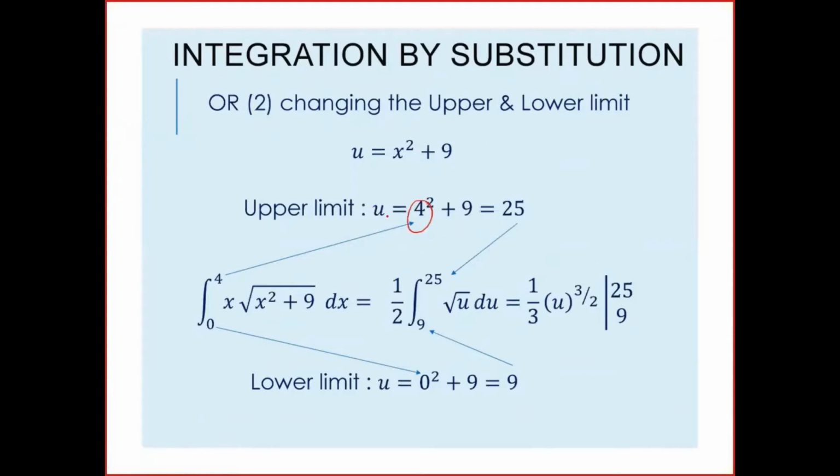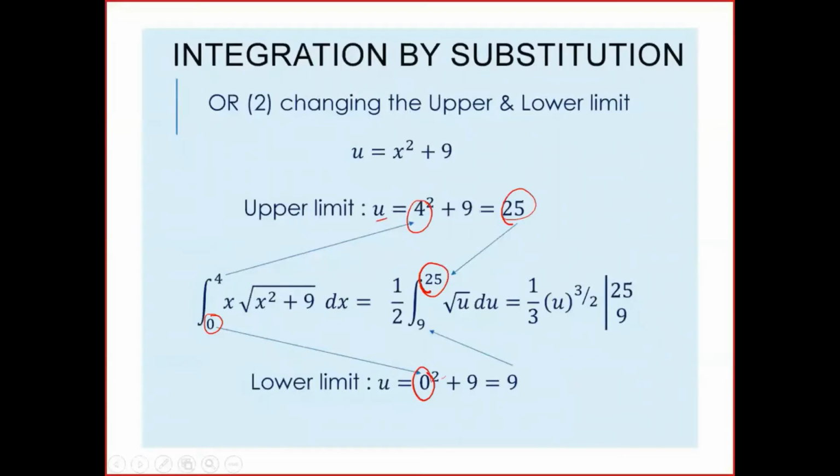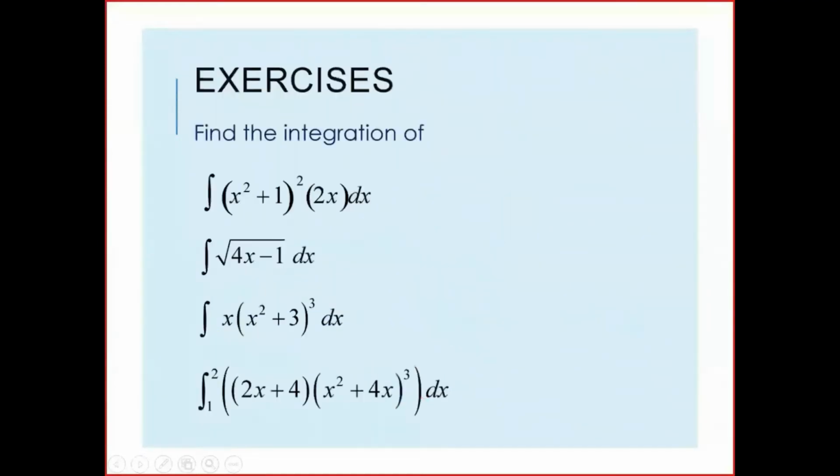So we substitute x equals 4, then we get u is 25. Substitute here. And we substitute 0 into the x, then we get u is 9. So we substitute these two values. Now back to here. Then only we substitute the value into the u to get the answer. Now any questions? So this is what we learned last week.